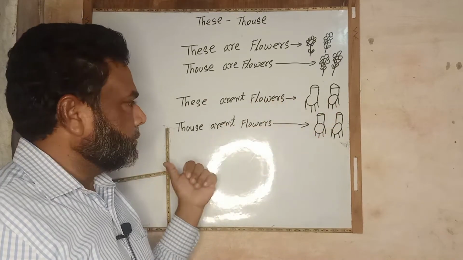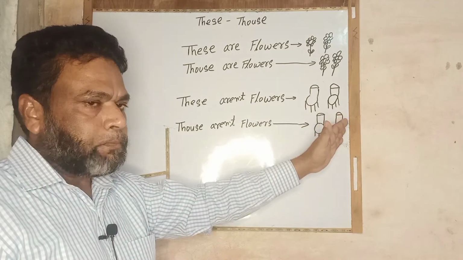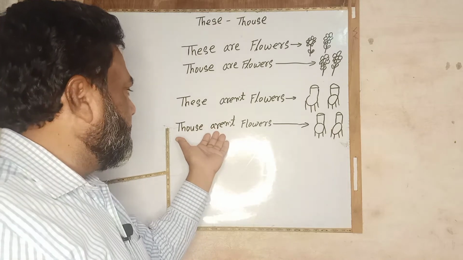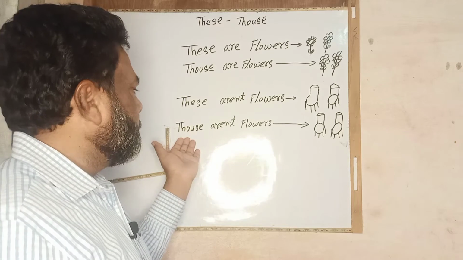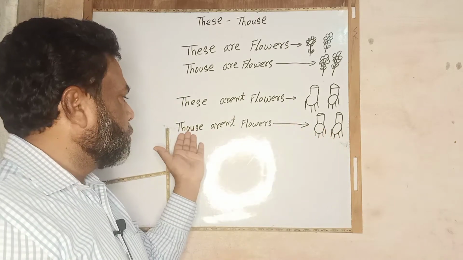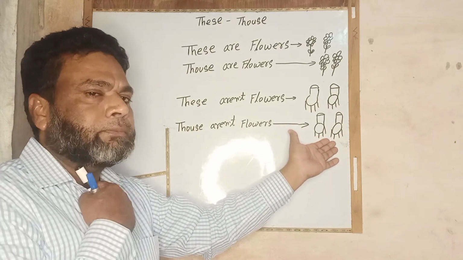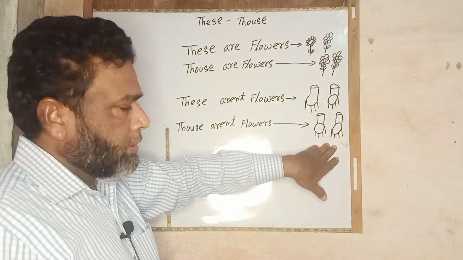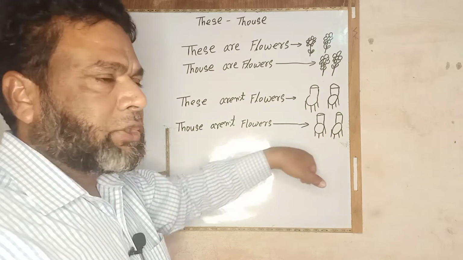These are chairs. Okay. And also this is far away, and we use the negative: those aren't flowers, because here more than one, but these are not flowers, these are all chairs.